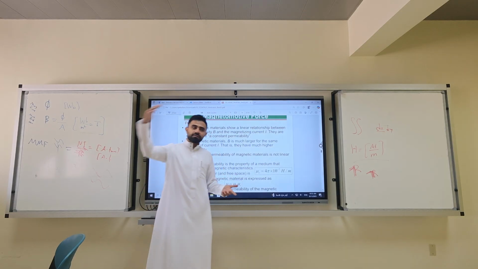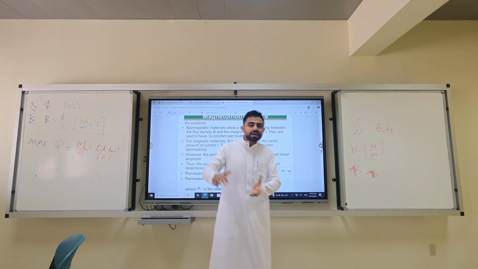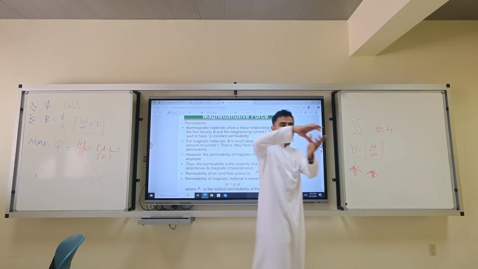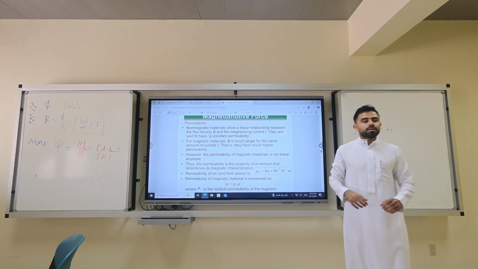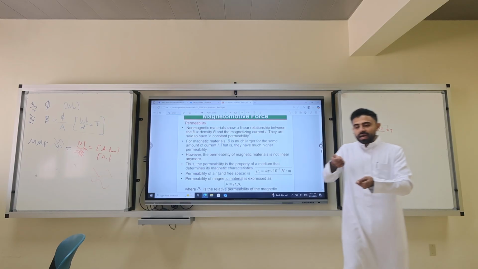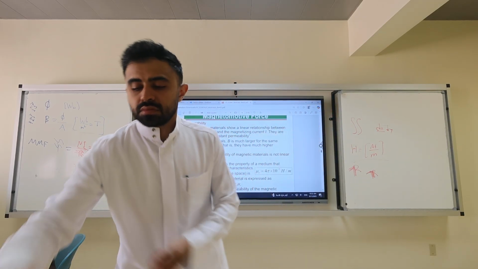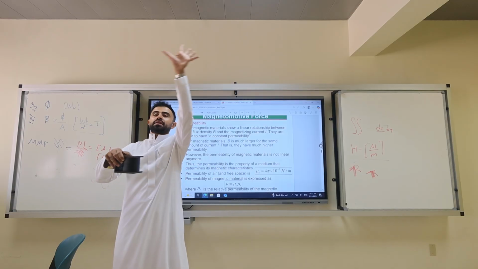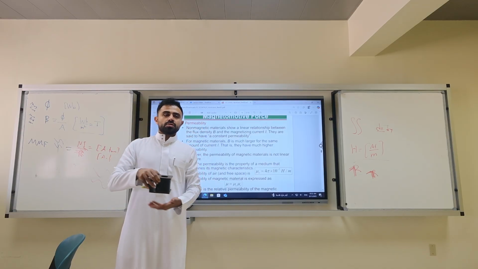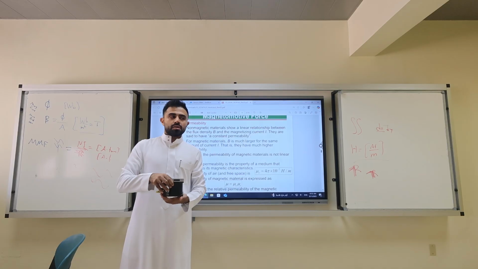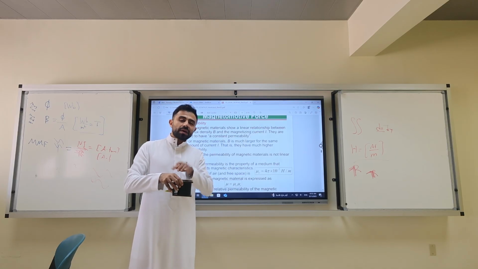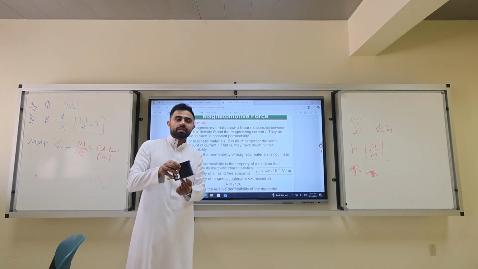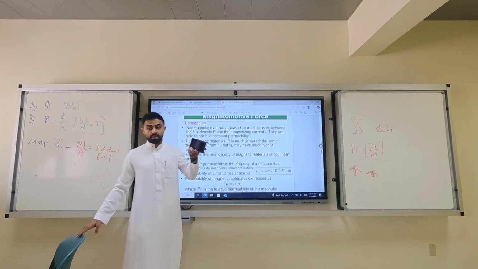It allows magnetic flux to go through, but it doesn't route it. Even if you apply more current here, we would have a magnetic flux, but it will not go back. It will spread. So it doesn't permit it to go into the closed path, the air.